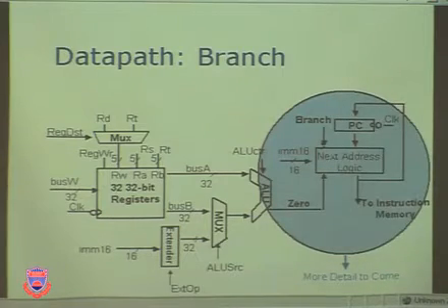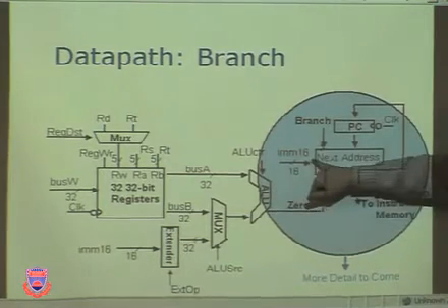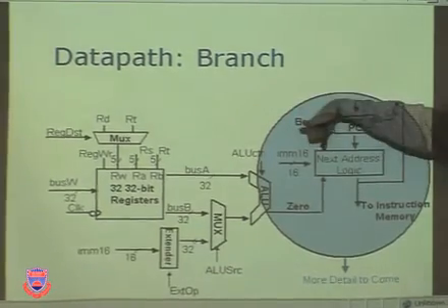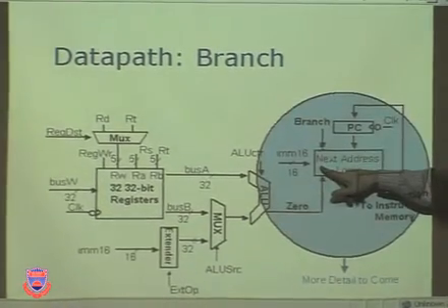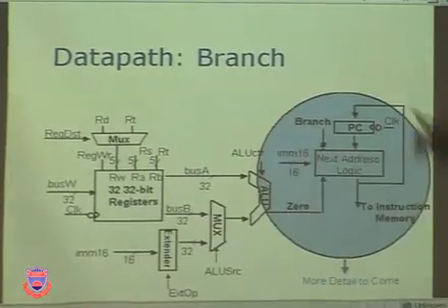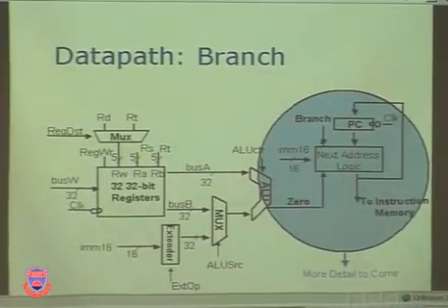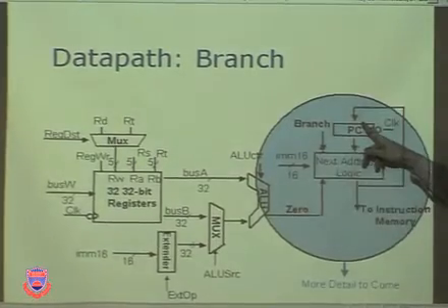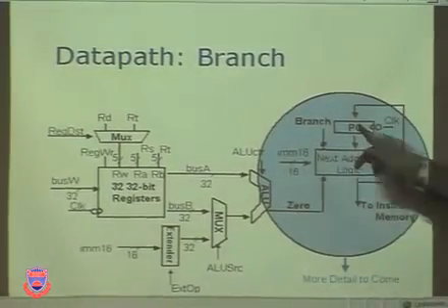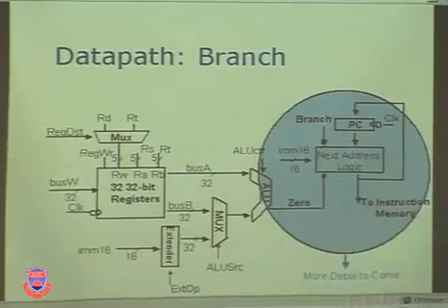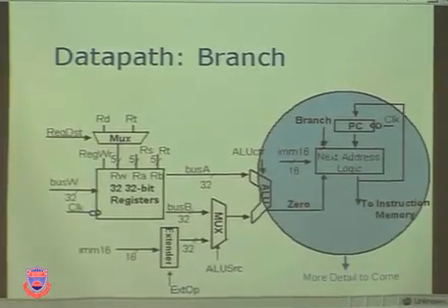Do I take the jump? You can see that the immediate comes here, the branch signal comes here, and the 0 signal comes here. With that information, I can figure out what the next PC needs to be. It's either going to be that plus 4, because this told me don't take the branch, or it's going to be that plus 4 plus the sign extended version of this multiplied by 4, because this told me to take the branch. Is that okay?